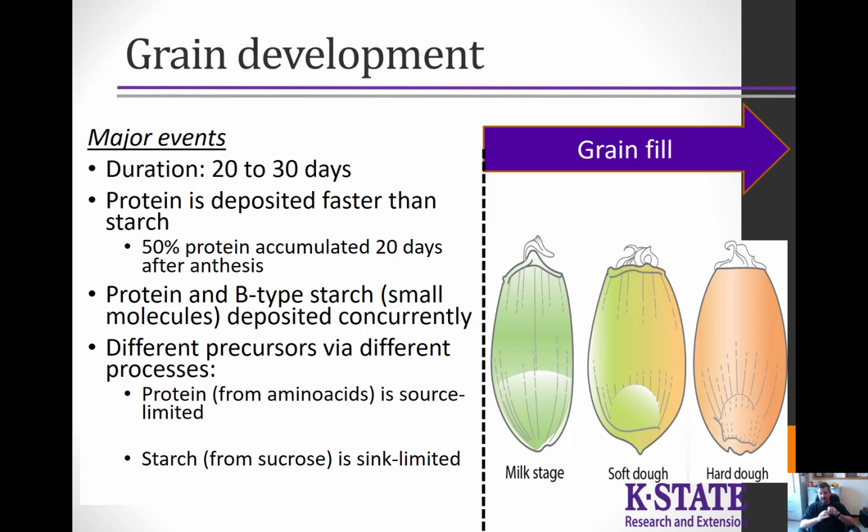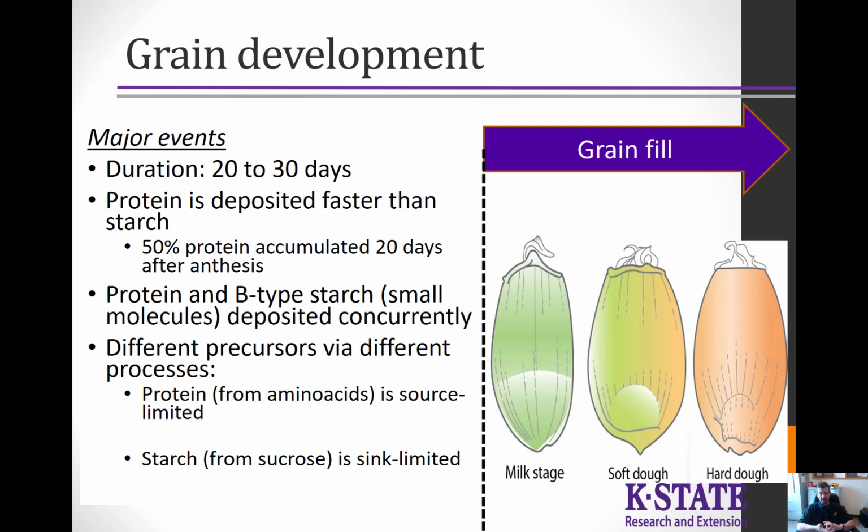Keep this in mind. Protein is a source limited issue. So the amount of protein that goes into the berry is limited only by the source. That's the nitrogen in the plant or the nitrogen the plant can take up. On the inverse side, the starch is limited by the sink. So how much starch the plant can put into the berry limits it.